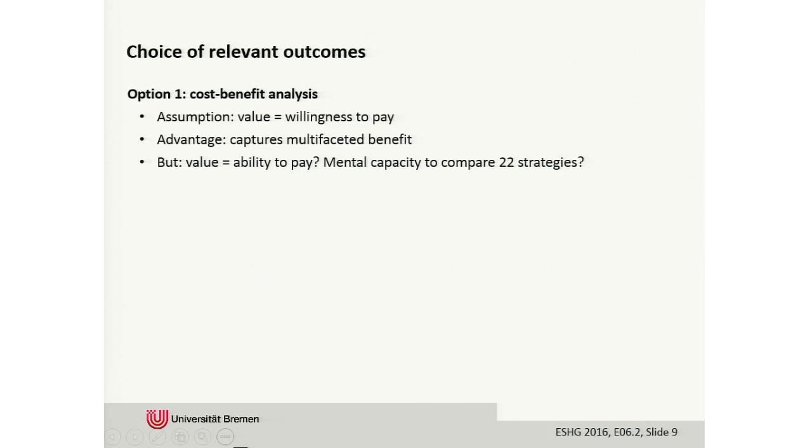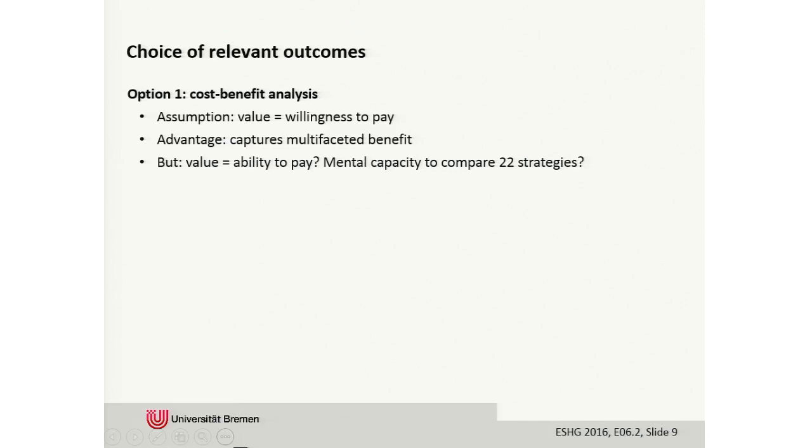So you could ask people, what are you willing to pay for a certain genetic test, which has the big advantage that it's notoriously difficult to capture the benefits of genetic tests. And if you simply ask people, just as, how much are you willing to pay for a new smartphone, then you have all those different aspects which could play a role in this decision, and they are captured in your measure of value.